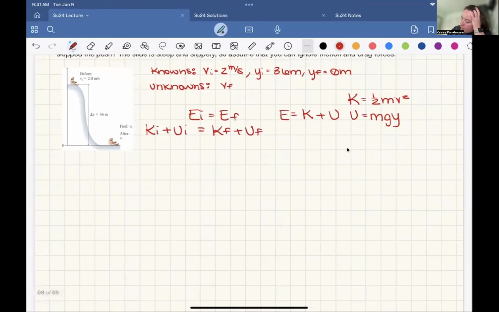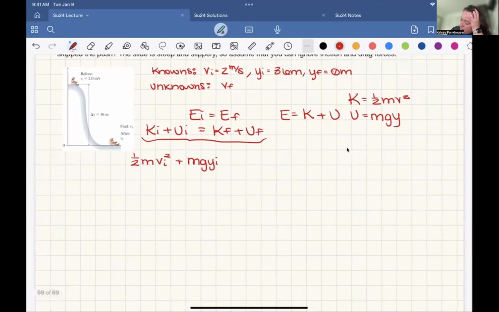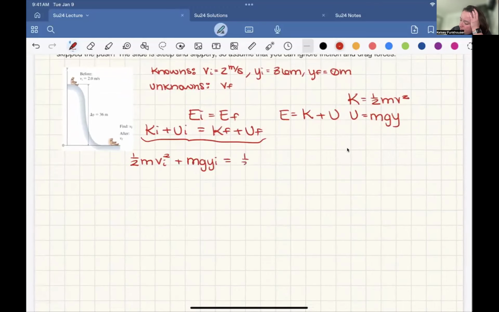Expanding this out, we have 1/2 mass times initial velocity squared plus mass times acceleration due to gravity times the initial y, and that equals 1/2 mass times final velocity squared plus mass times gravity times the final position.